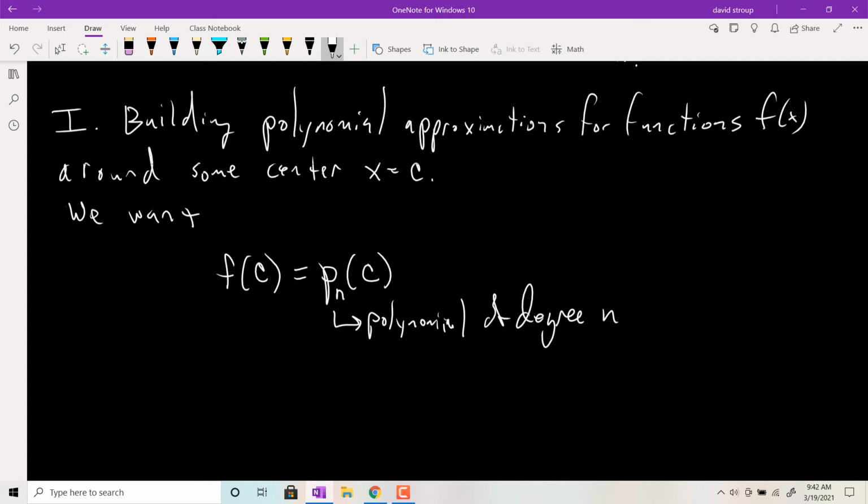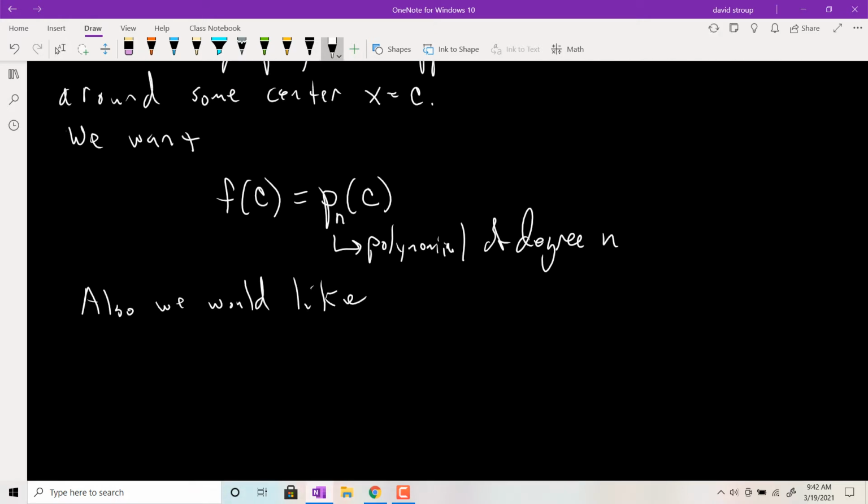What do we need to happen for that? Well, we need the derivatives to be equal. So also, we would like the function and the derivatives to line up at this center c.